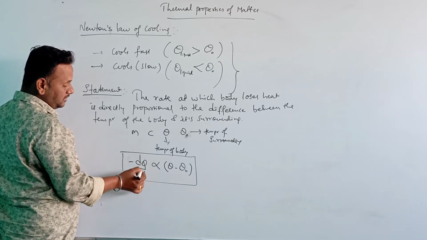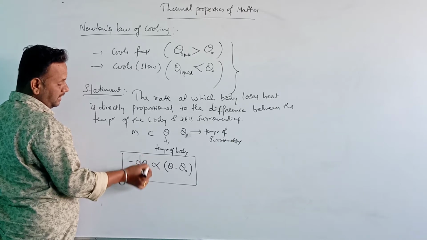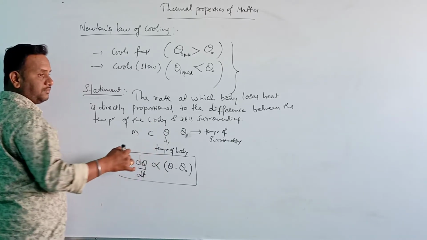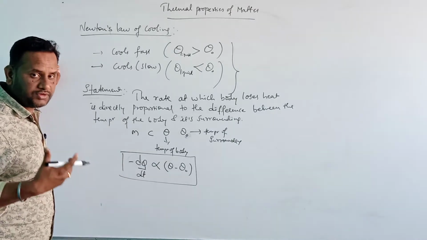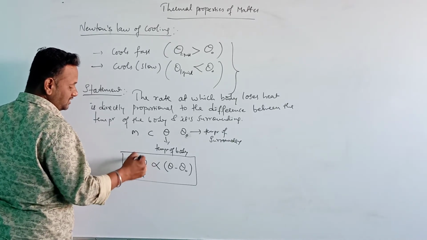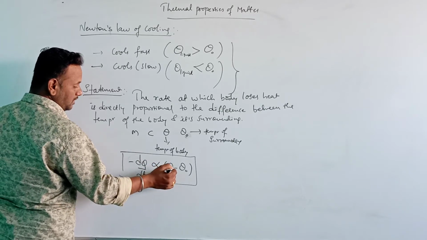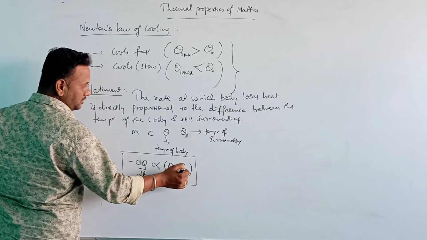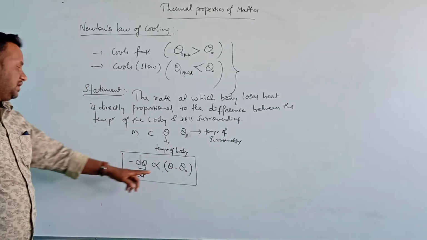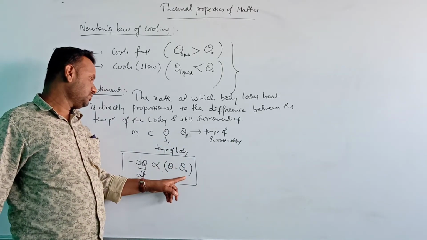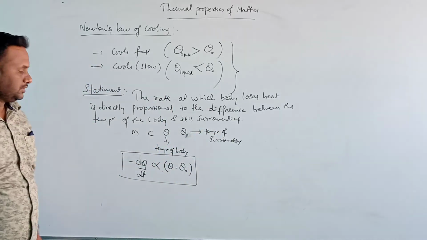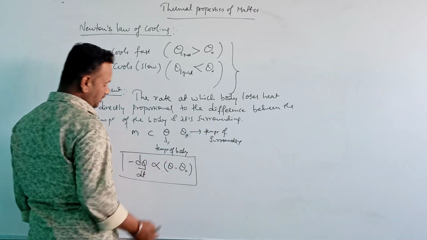So the rate at which the body loses its heat, this dQ by dt, is the rate of loss of heat here. Both are directly proportional to each other.